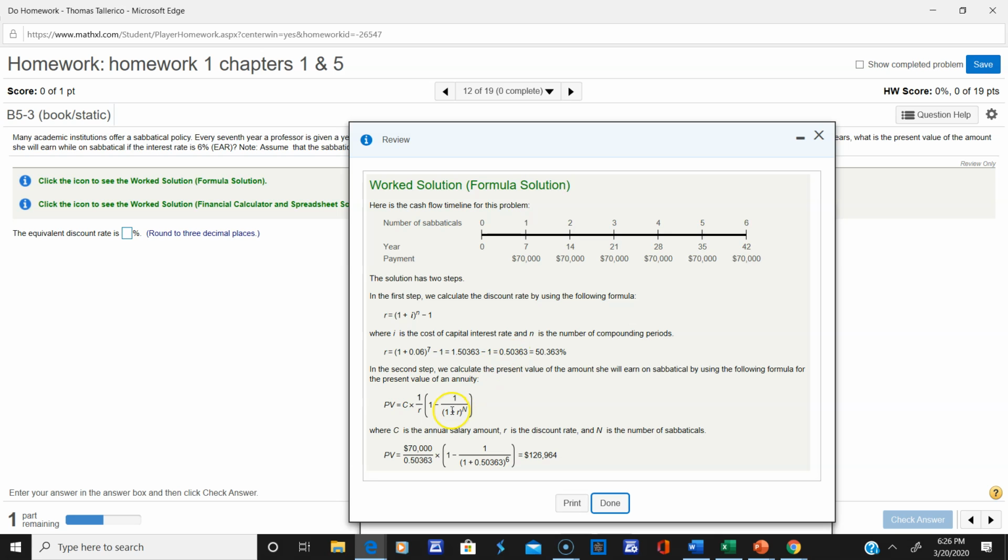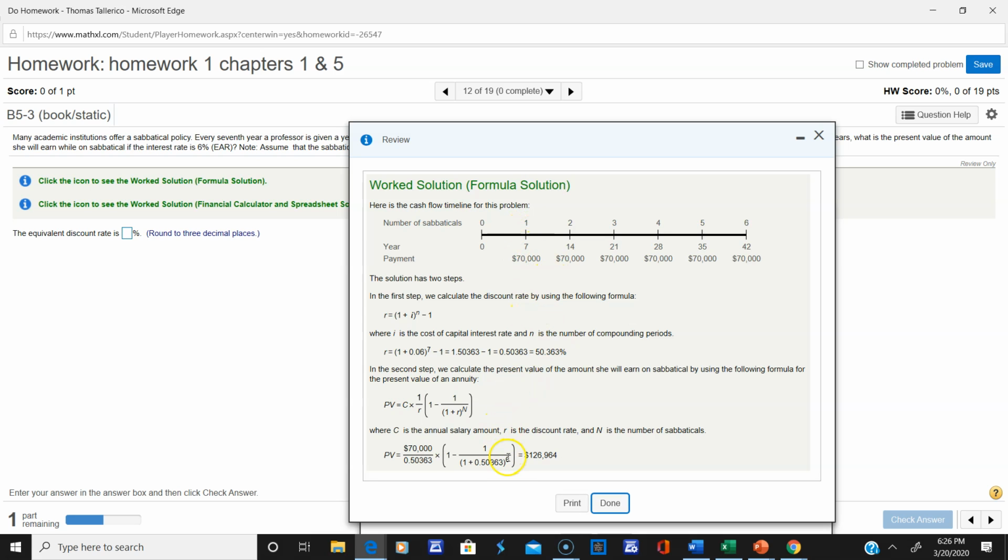So here's my payment over the sabbatical, $70,000, and again, pretend this is like a lotto problem where they said you're going to get $70,000 a year for hitting lotto. Here's the interest rate we calculated up here for each 7-year period. So this rate goes with each one of these periods.